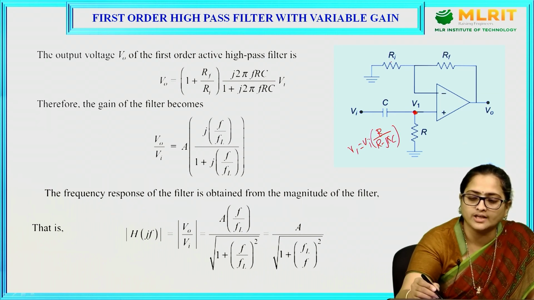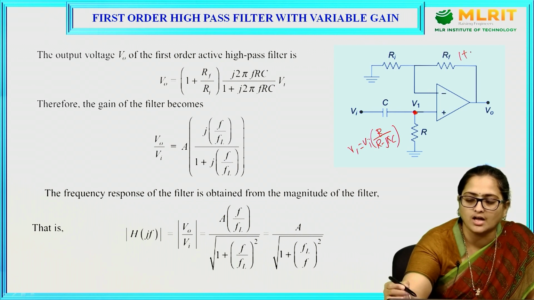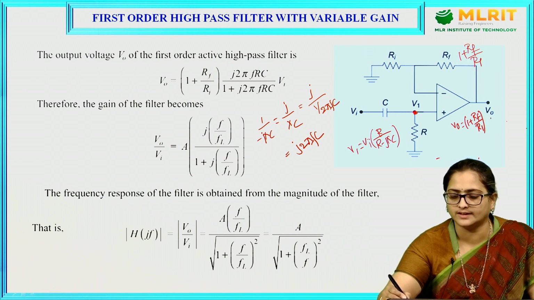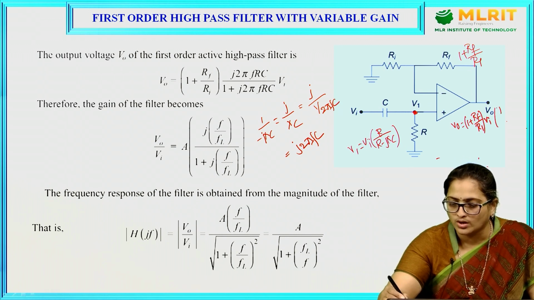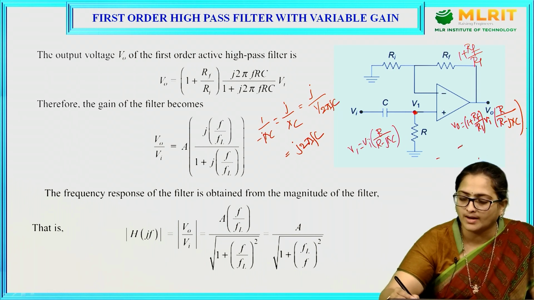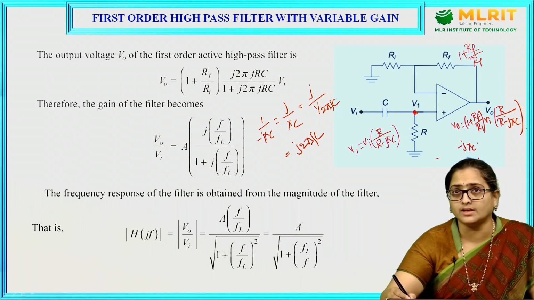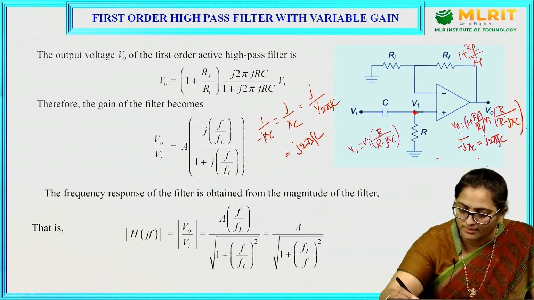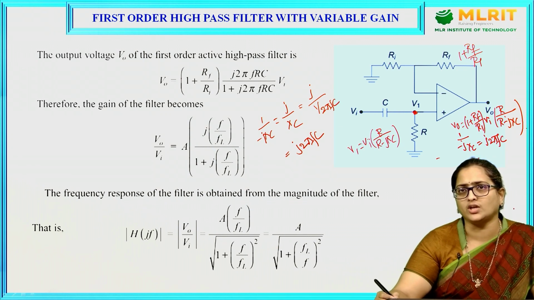As you have an input voltage, input resistance and feedback resistance, the gain of a non-inverting amplifier, 1 plus Rf by R1, can be given as V0 is equal to 1 plus Rf by R1 into Vin, where Vin is equal to Vi into R by R minus jXc, where 1 by minus jXc can be rewritten as j 2 pi fc.